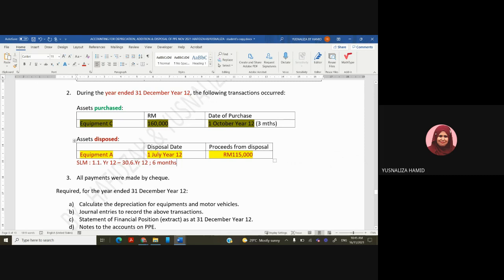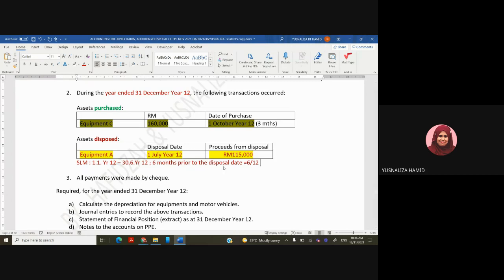So only on 1st of July, you dispose. For this 6 month period prior to the disposal date, you still need to charge the depreciation.